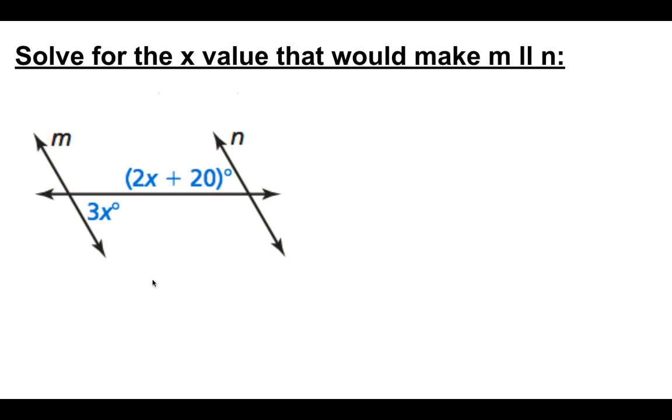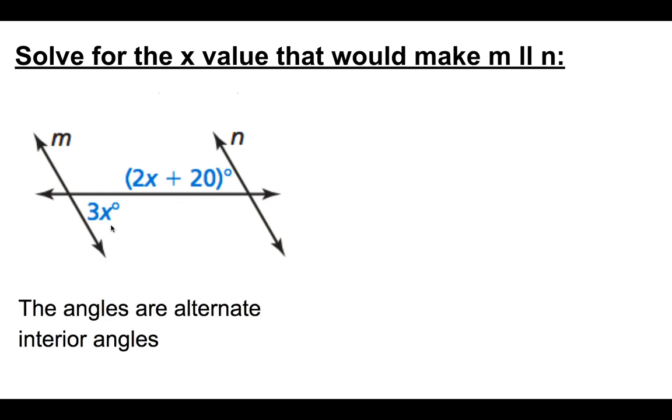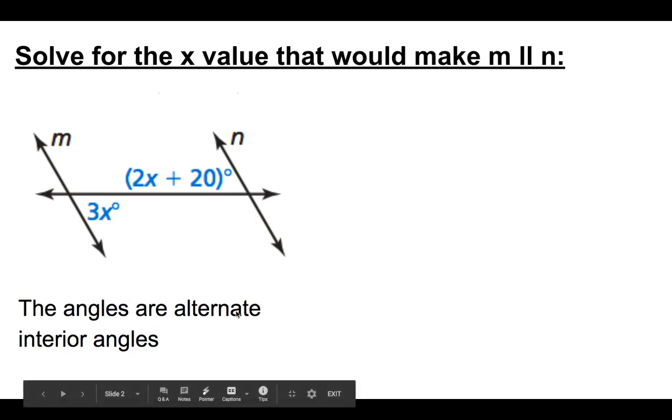They're inside. Remember, the word to describe inside when we're talking about angle relationships is interior. Then we look at these two angles. They're on opposite sides of the transversal, so that means they're alternate. Remember, when they're diagonal from each other, we use the word alternate. So these angles are alternate interior angles.